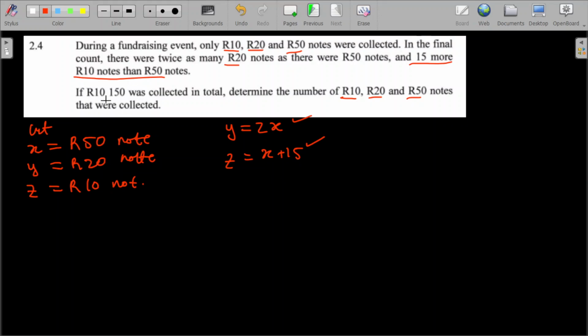Now remember, they told me the total collected was this.